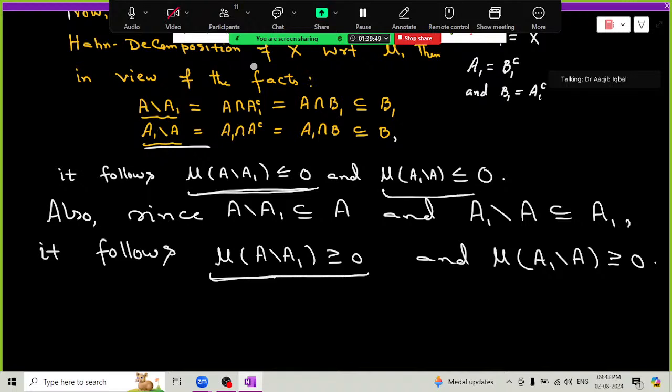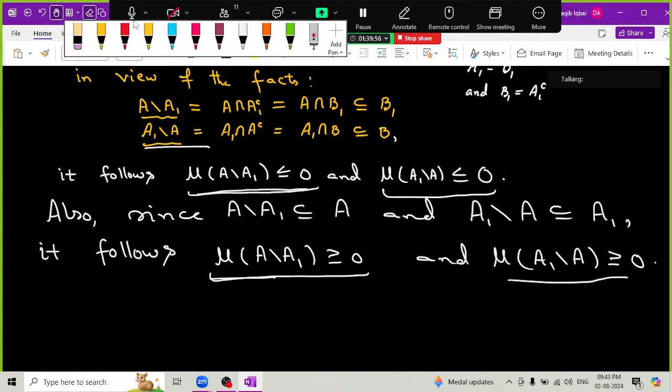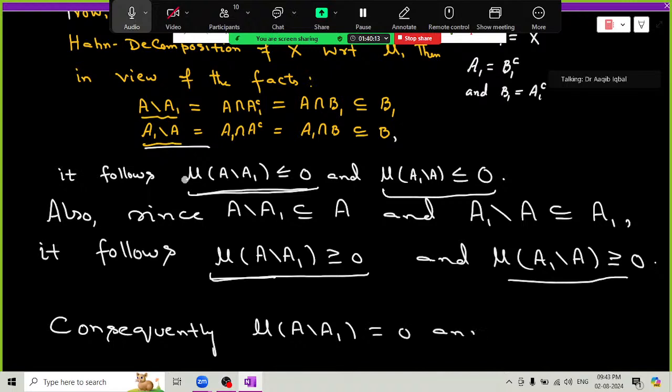Same is the case with this, यहाँ less or equal to 0, नीचे greater or equal to 0, so again we have equality. So consequently mu of A minus A1 is equal to 0 and mu of A1 minus A is equal to 0.